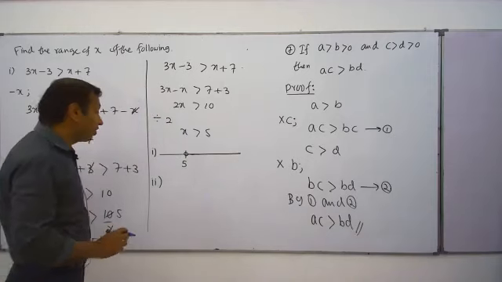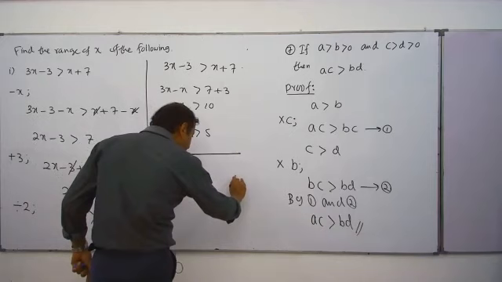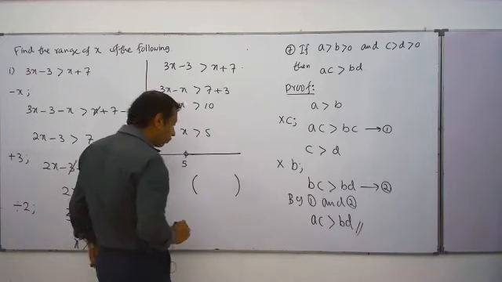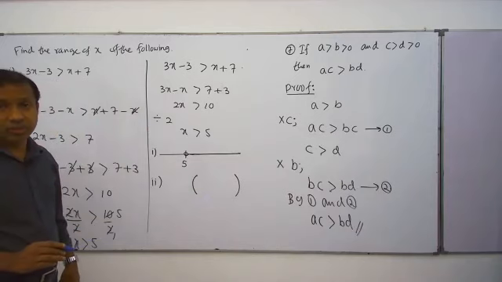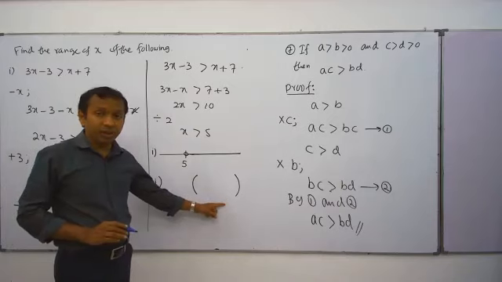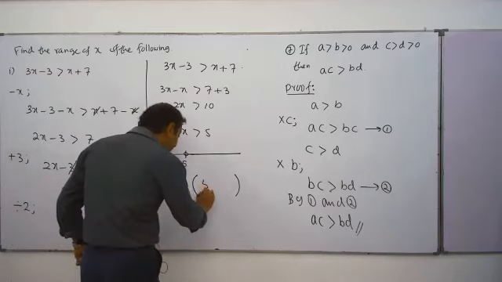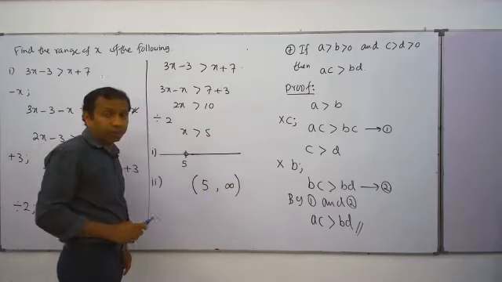So therefore, the first way of writing is this. We write this way, normal parenthesis. This normal parenthesis we use, people, to say, we write here 5 and infinity. This way, 5 comma infinity.